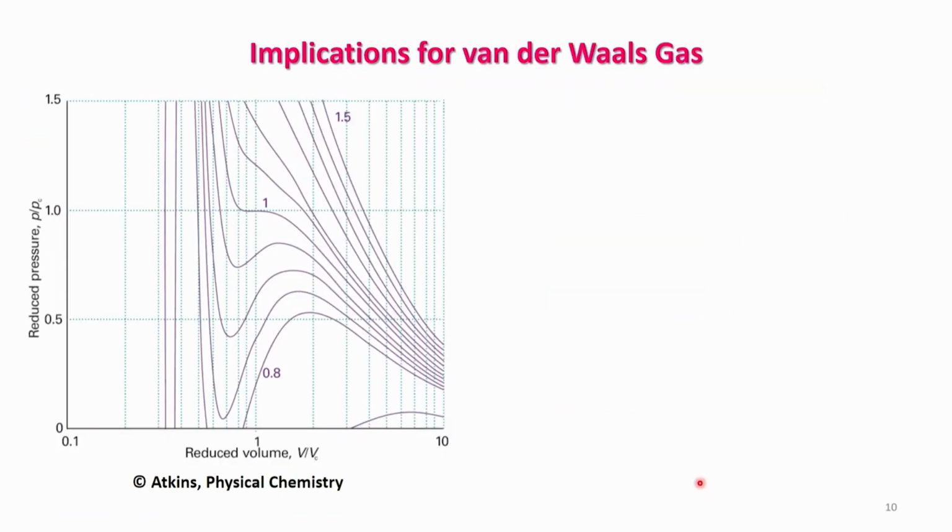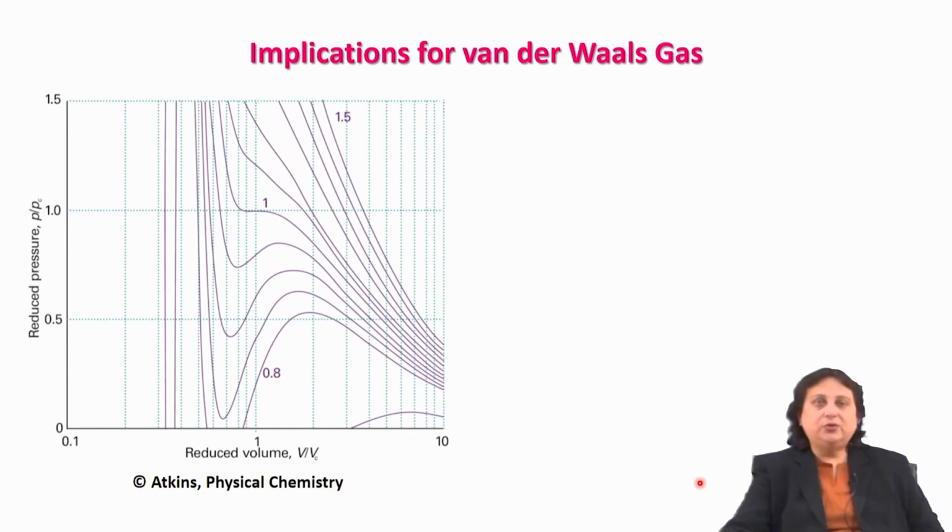Now, let us go ahead and look at the implications of the stability criteria for the van der Waals gas, for which I have shown you some of the isotherms plotted, where on the x axis I have the volume V by Vc and on the y axis I have the pressure P by Pc.